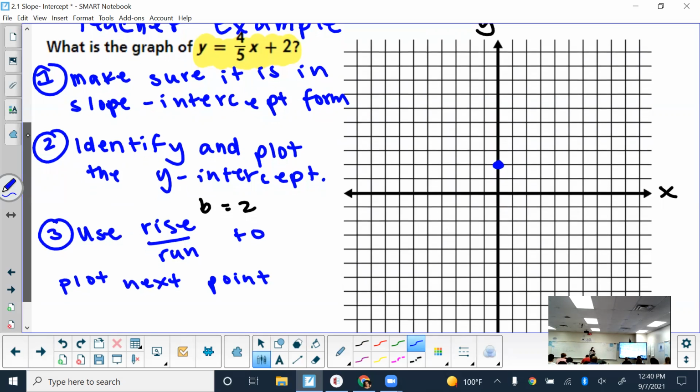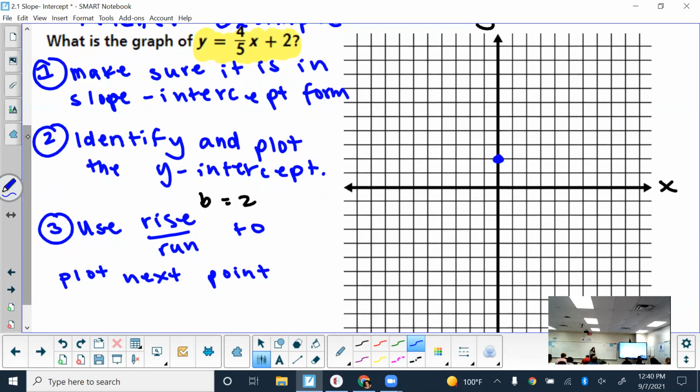So use rise over run to plot your next point. Rise over run is what? It's your slope. What's my slope on this one? 4 over 5. Now the sign affects your rise. So is this positive or negative? Positive. So does that mean I'm going up 4 or down 4? Up 4.